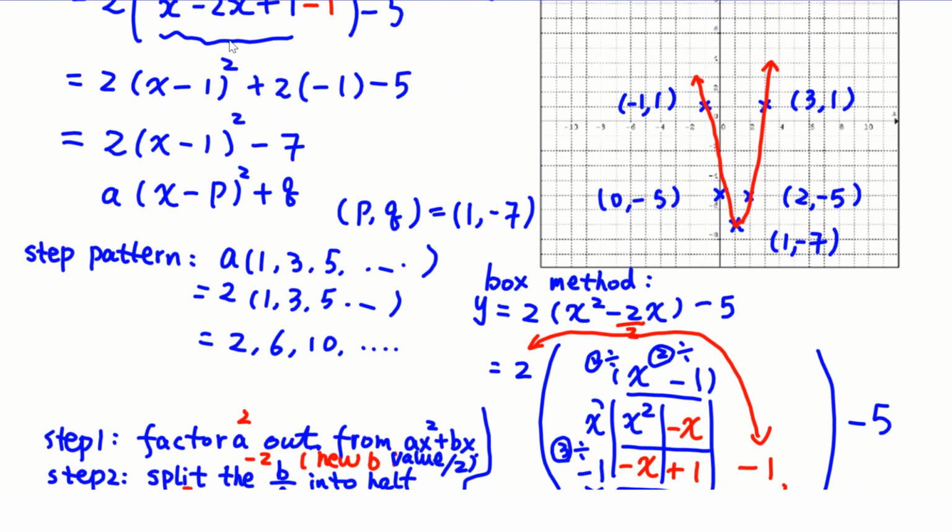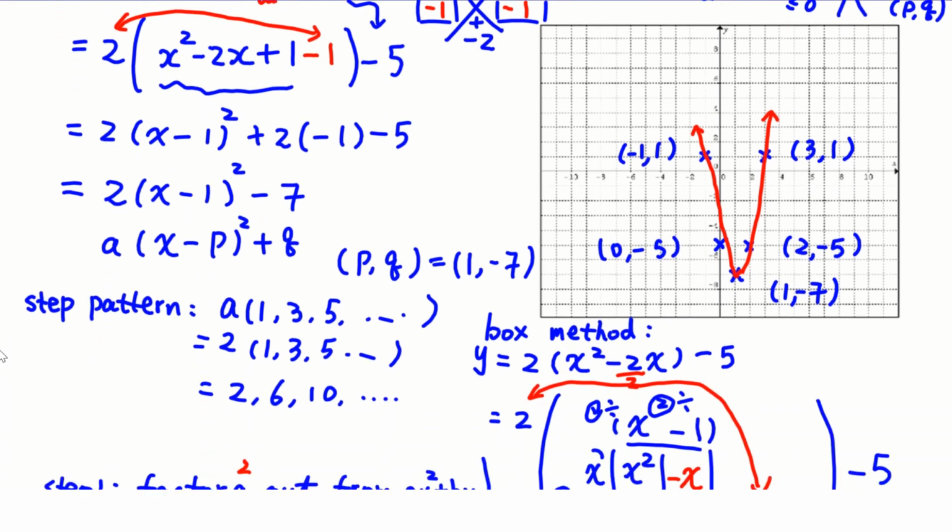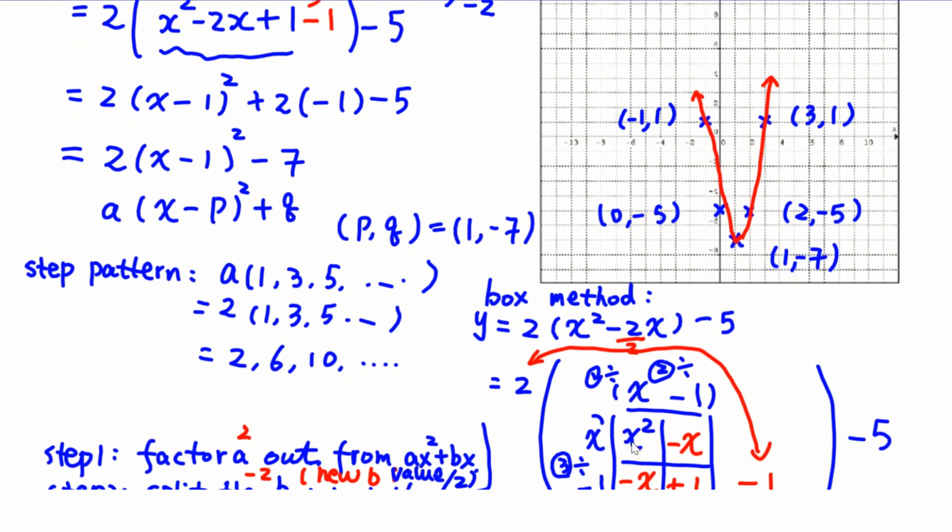So this one, x squared minus 2x plus 1 minus 1 is the same as a box. It's just written in 2 rows. Okay, so for the traditional method, it's plus 1 minus 1, and for the box method, it's just x squared minus x separated, then plus 1 minus 1.